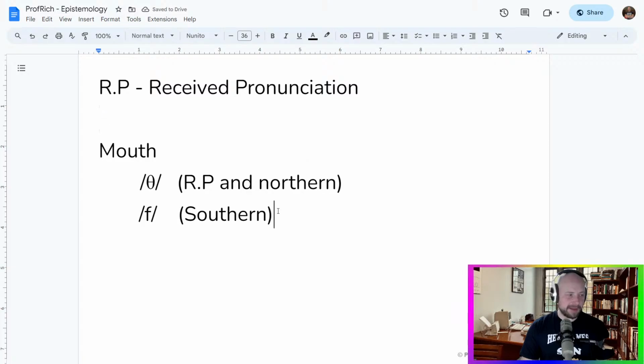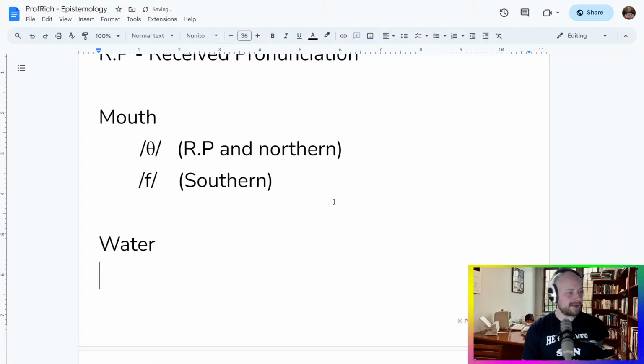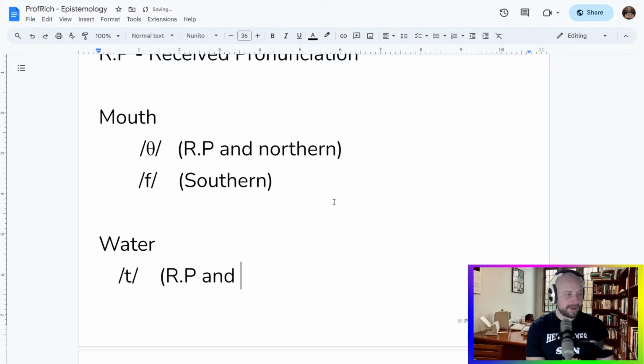So everybody aims for the standard. Sometimes Northern is more like the standard. Sometimes Southern is more like the standard. Another example is with water, where RP actually says the T in the middle, and Northern English also says it.